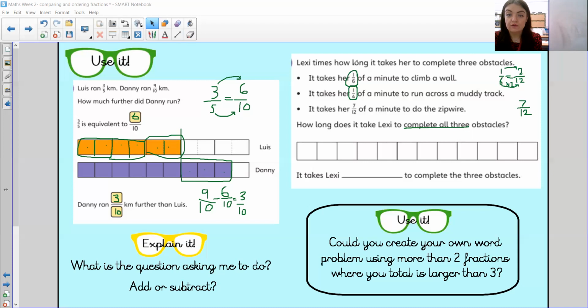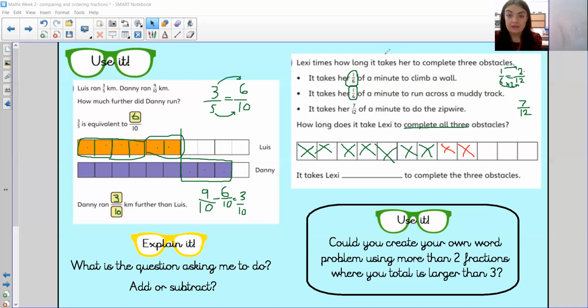So 1/6 is the same as 2/12. So let's already put on my 7/12. I know I've already got 7: 1, 2, 3, 4, 5, 6, 7. Let's change that colour. Let's do the 2/12 in red. So I've got 2 more 12ths.